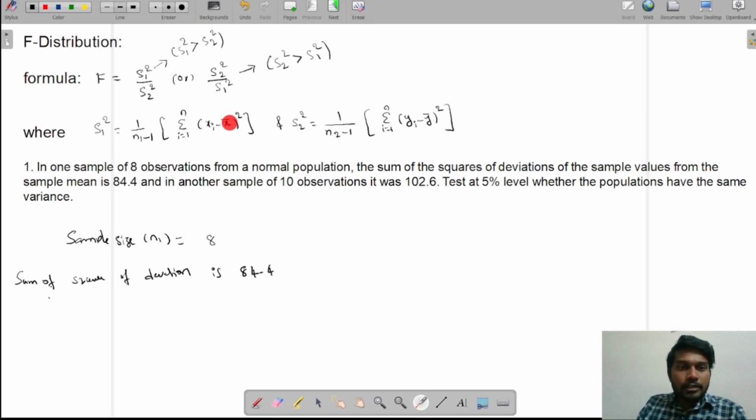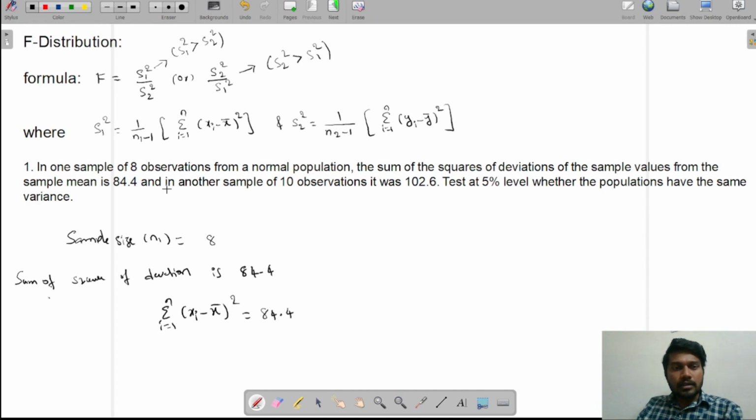So what is meant by x bar here? x bar is the sample mean. So we can denote it as summation i equal to 1 to n of xi minus x bar whole square equal to 84.4. This is the value of this. Okay, now continue the question.